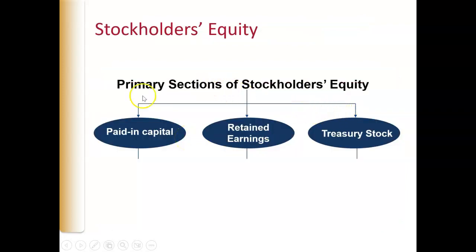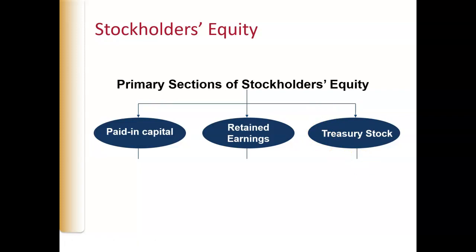So here you see the paid-in capital, which in the past we've shown as common stock. Here's the section of retained earnings: the income made in the company since its inception minus what it's paid out in dividends. And then treasury stock is something new today. This is when a company purchases back stock that's already been issued.